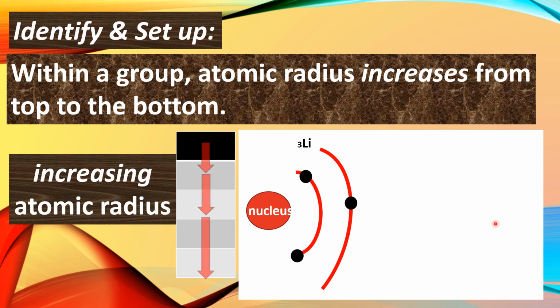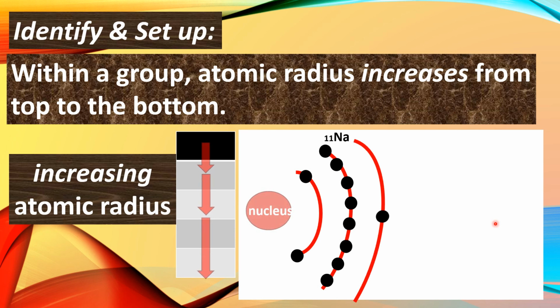Now, going down in this group, we have the light metal sodium with atomic number 11 and 1 valence electron. Compared to both lithium and hydrogen, the nuclear charge of the sodium atom is much stronger, and its 11 protons should have a much greater attraction on its single valence electron.